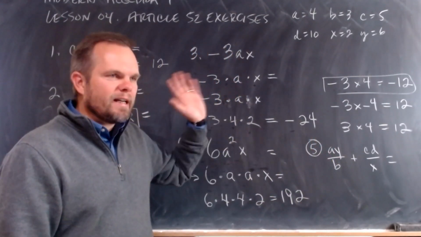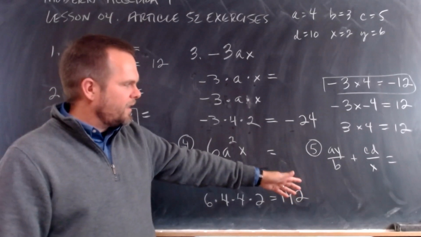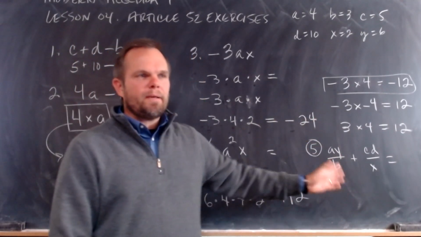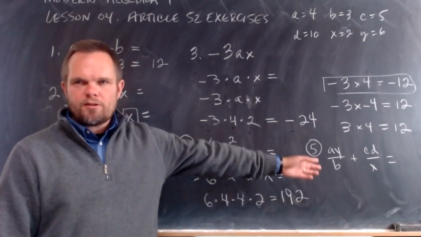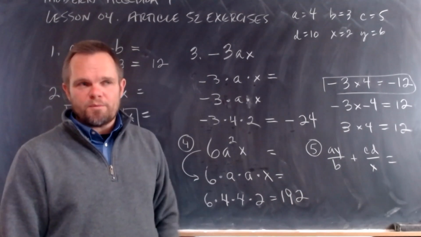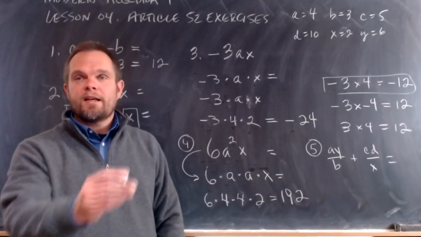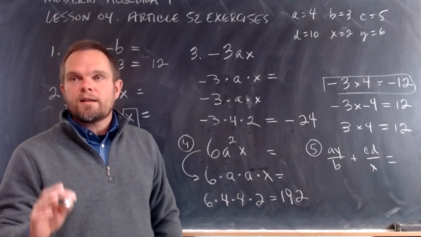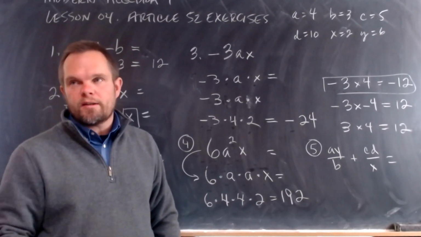You have to identify the terms. This is an algebraic expression consisting of how many terms? How many terms are here? 2 terms. And listen, if you guys struggle with this, I'm telling you, this is what students don't learn in algebra.